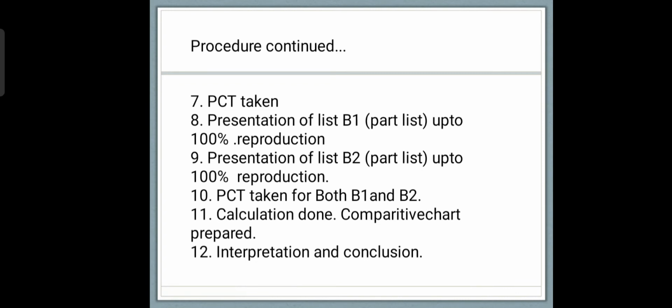After the 100% reproduction of list B2, we will take the PCT of B1 and B2 together. So the immediate PCT, or post criterion trial, for the part method of learning is taken together after list B2. After that, necessary calculations are done, a comparative chart is prepared, and interpretations and conclusions are made.